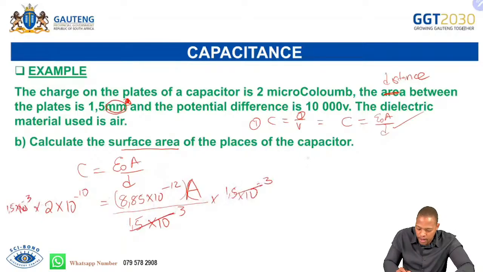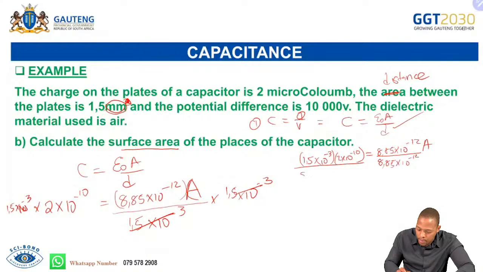Let me continue here. I'll be left with 1.5 times 10 to the power minus 3 multiplied by 2 times 10 to the power minus 10. This is equals to 8.85 times 10 to the power minus 12 times A. Then you divide by 8.85 times 10 to the power minus 12. Why am I dividing?